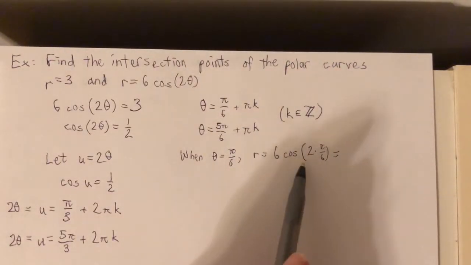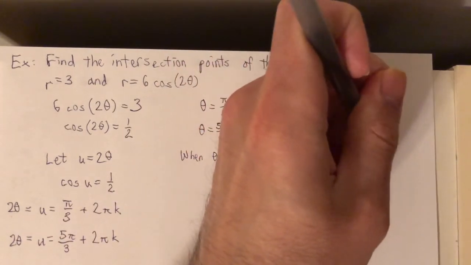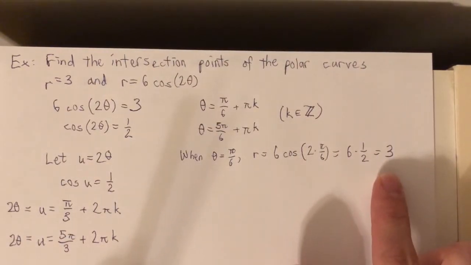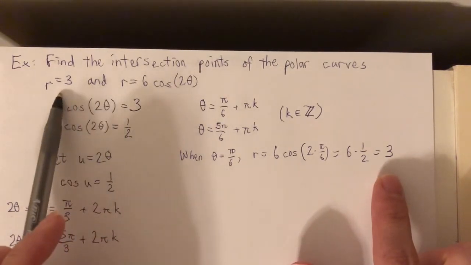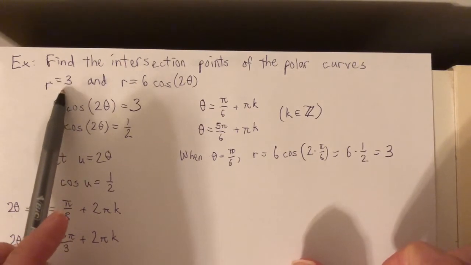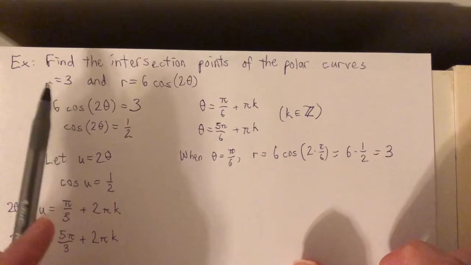So 6 cosine of pi over 3, well, cosine of pi over 3 is a half. So I get r equals 3. And I notice in hindsight that I could have just looked at the other equation and said, oh, well, no matter what theta is, anytime I have an intersection point, it's going to happen at r equals 3. Okay?